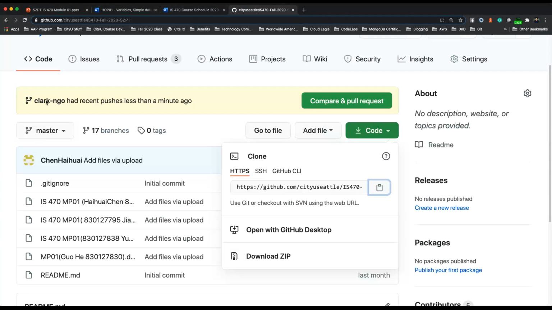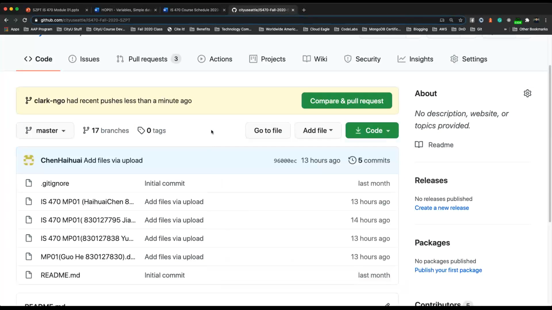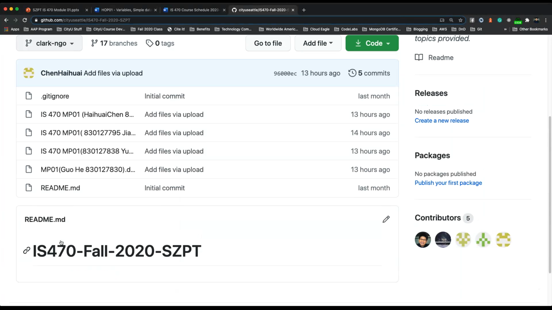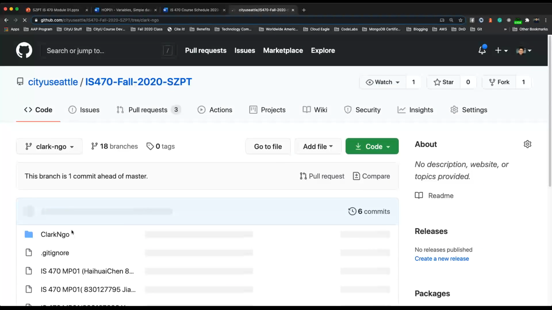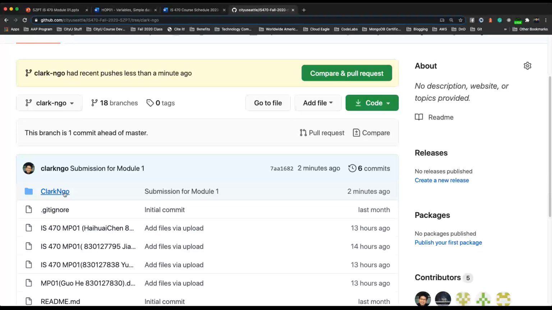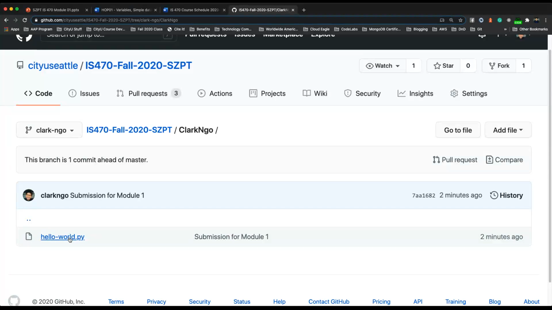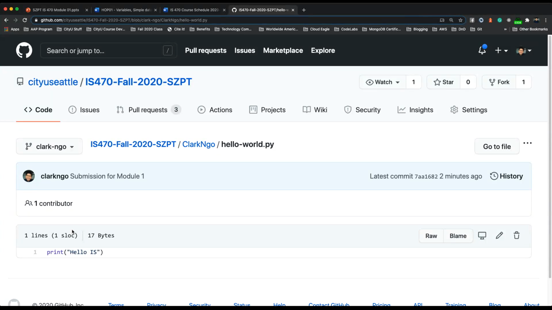So now you can see there's a notification here, right? And it should create a branch. So now my local machine is in sync, or up to date, with the GitHub repository, which is our online version control, right?